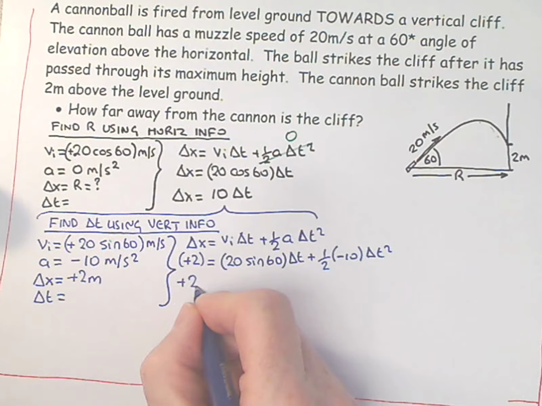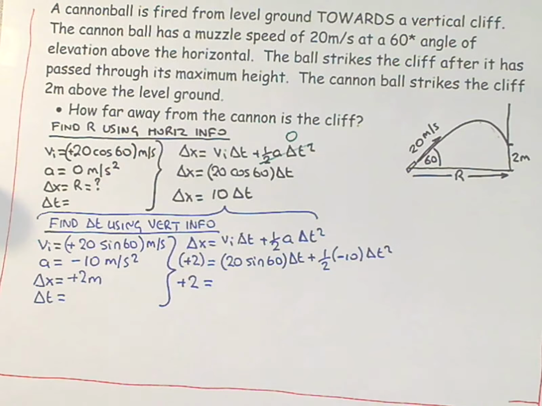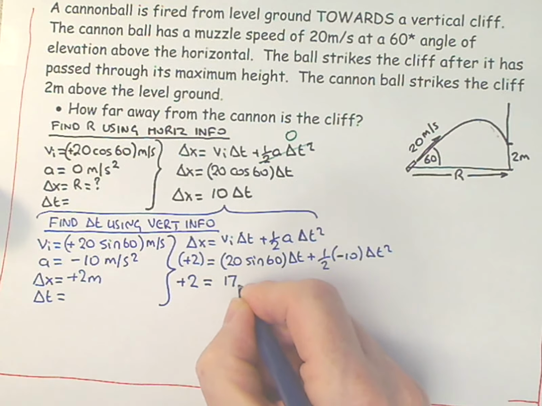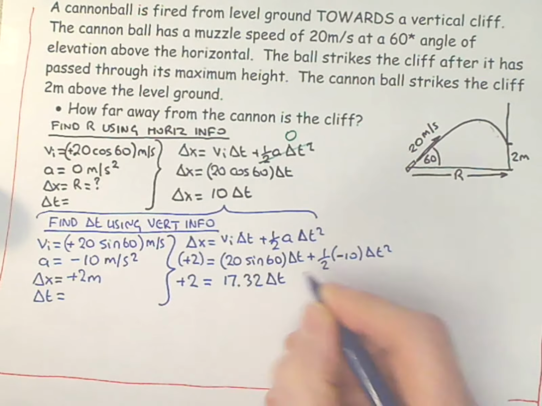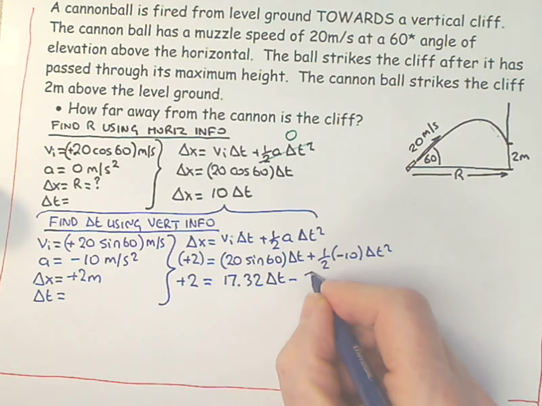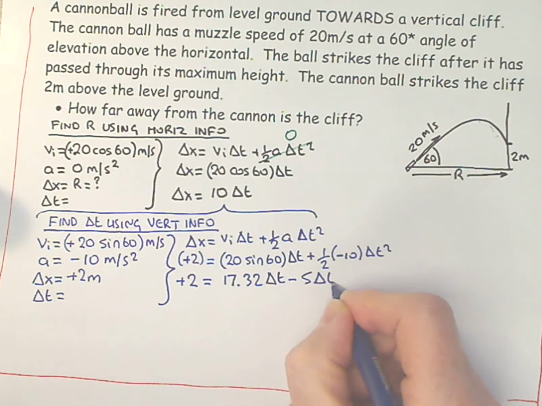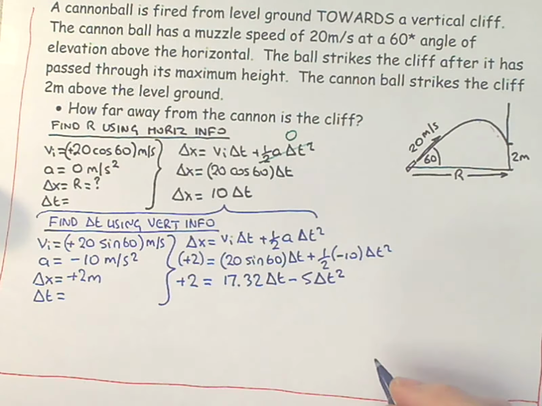So plus 2 is equal to, 20 sine 60 is 17.32, times delta t minus 5 delta t squared.